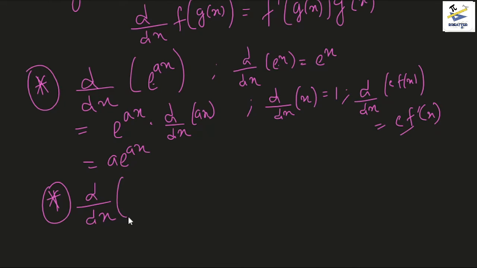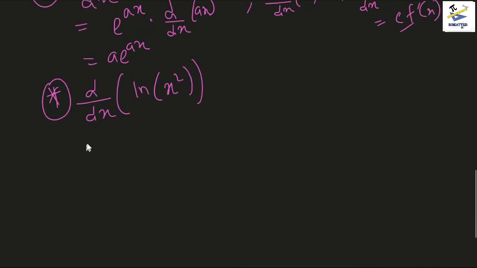d/dx of ln of, let's say, x squared. So how do we do this? Well, first we try to think what the d/dx of ln of x is, because the first function is ln of x, right?